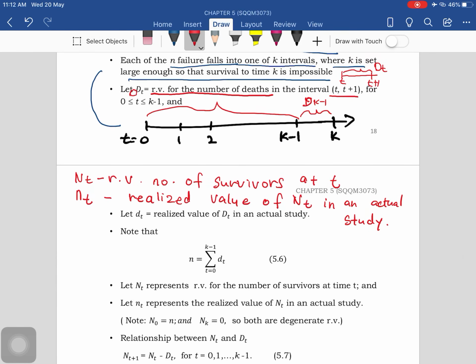So this is the random variable, and this is in an actual study.